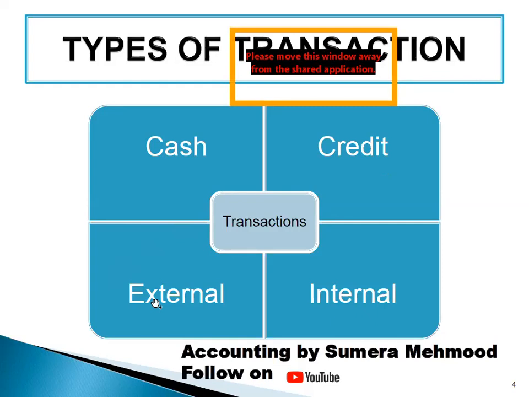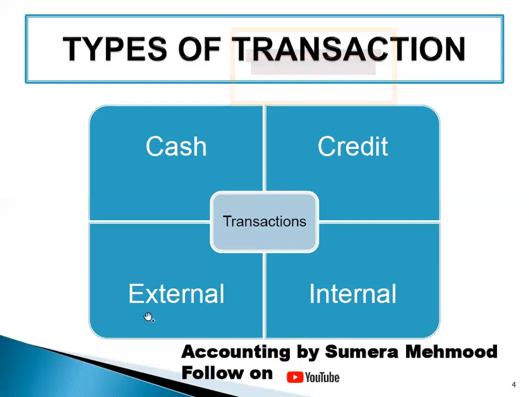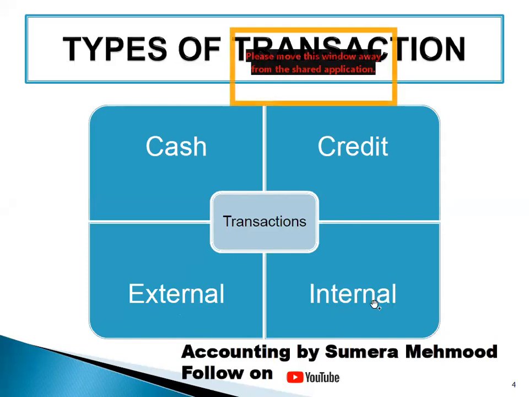External transaction means one which occurs outside somewhere, and internal transaction is one which occurs internally, inside. I will discuss this later, but the main ones are cash and credit transactions. Internal and external transactions are given in your book. Transactions occurring outside your business are external transactions. Transactions inside your business or business activities are internal transactions.